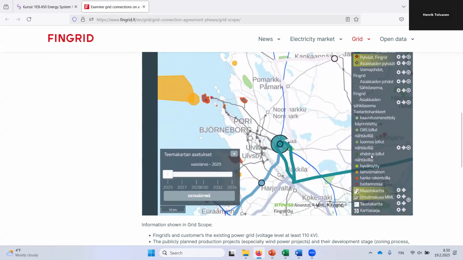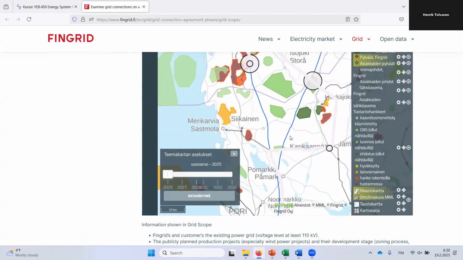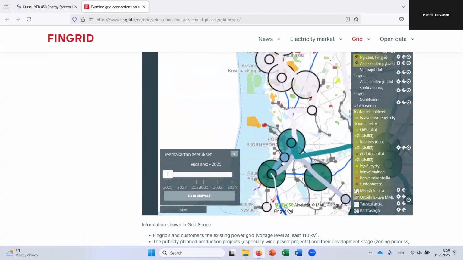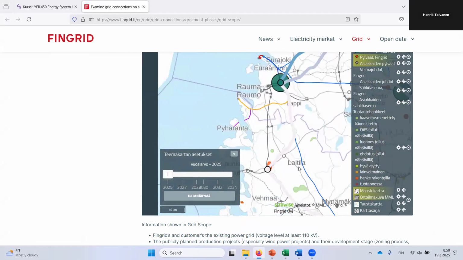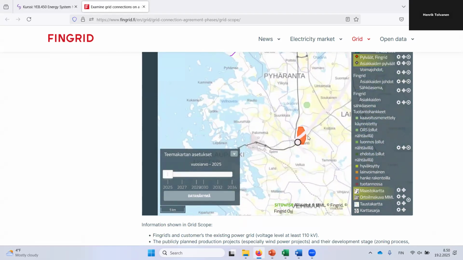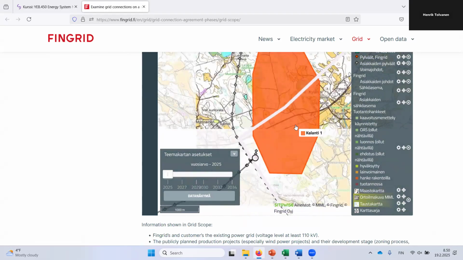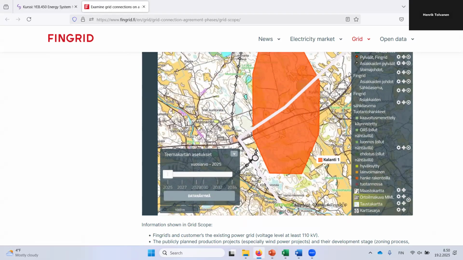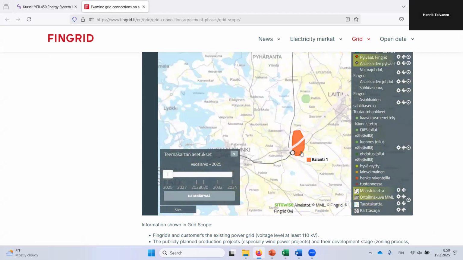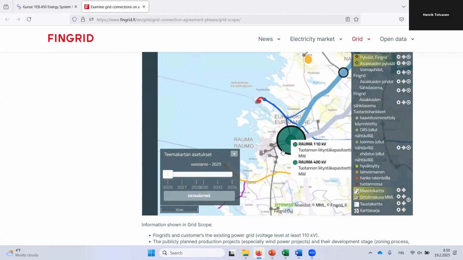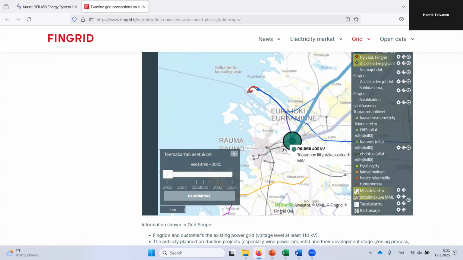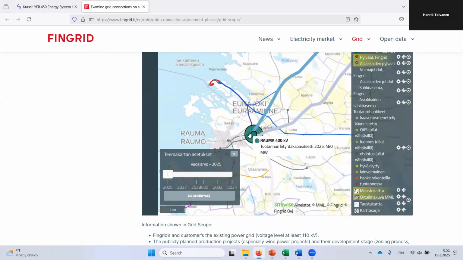So these power plant areas, mostly they are in here, they are related to these wind power plants. But for example, in here, I guess there's the Kalanti solar power farm. So that's the area that's being reserved for that. And it shows you how much more tuotannon liityntäkapasiteetti, so how much can be added into here.